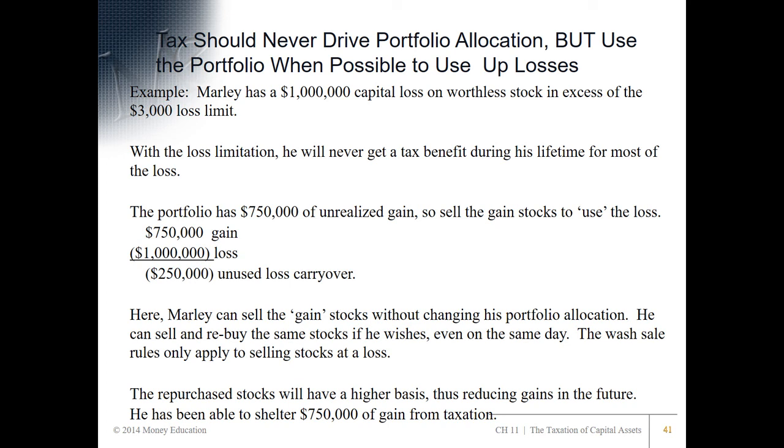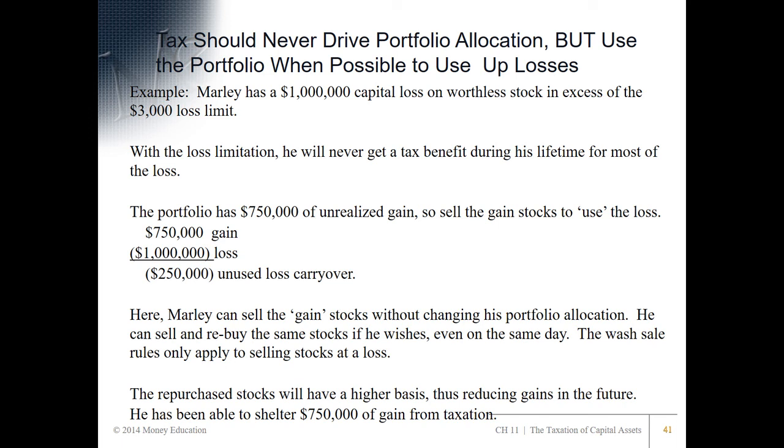So here Marley can sell the gain stocks without changing his portfolio allocation. He can sell and rebuy the same stocks if he wishes, even on the same day, because the wash sale rules only apply to selling stocks at a loss. If he repurchases even these very same stocks, they'll have a higher basis, and that'll reduce gains in the future when he sells them.